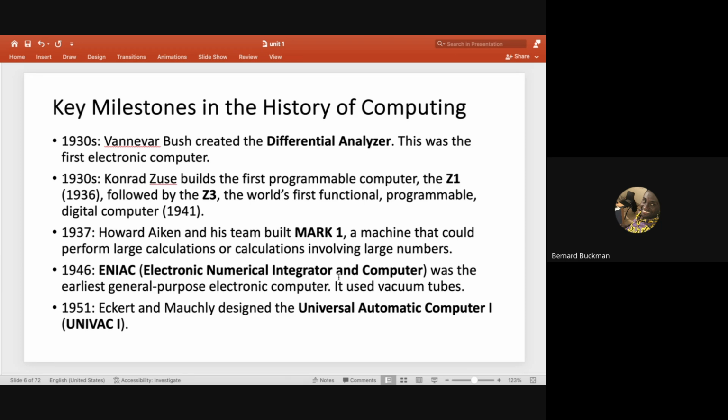And then the famous example of a modern day computer, which works almost like what we use today, is called the ENIAC. ENIAC stands for Electronic Numerical Integrator and Computer. And these were amongst the first generation computers. In fact, they don't look like anything we use today. You can Google any of these names, and the pictures you see are of computers which do not look anything like what we use today.